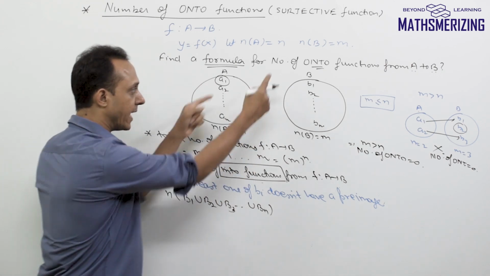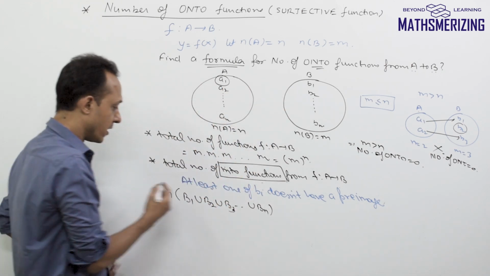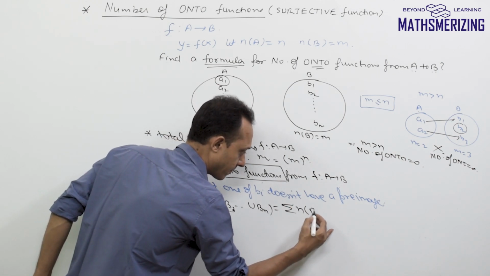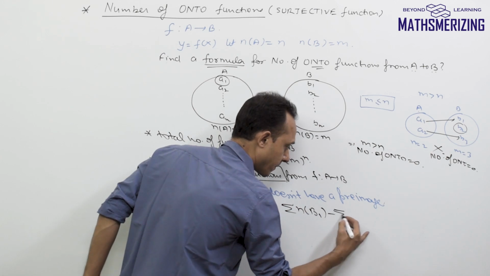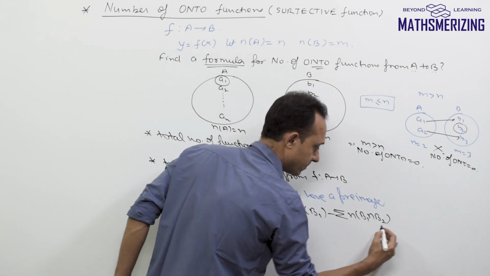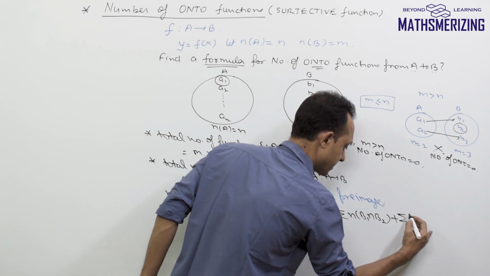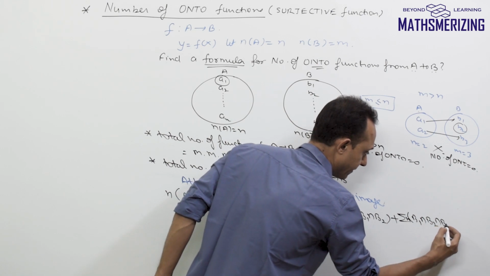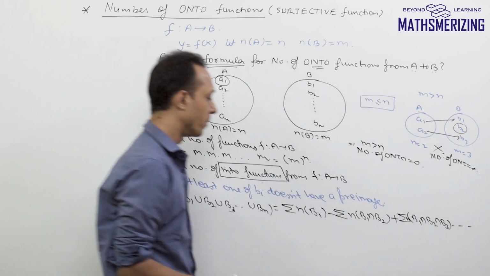So at least one of these elements should not have a pre-image. Now we know that this formula can be generalized as summation n(B1) minus summation n(B1 intersection B2) plus summation n(B1 intersection B2 intersection B3). So we can generalize this formula.